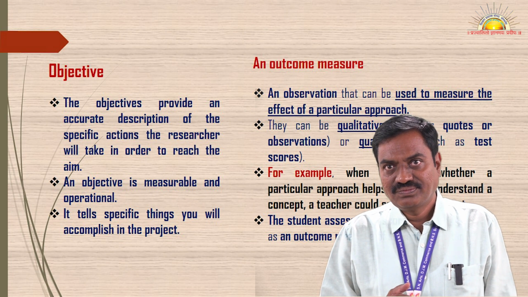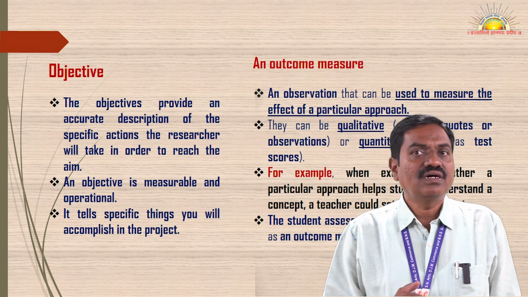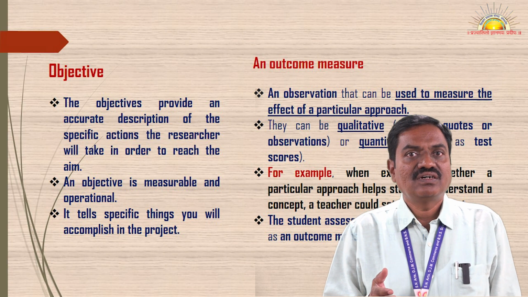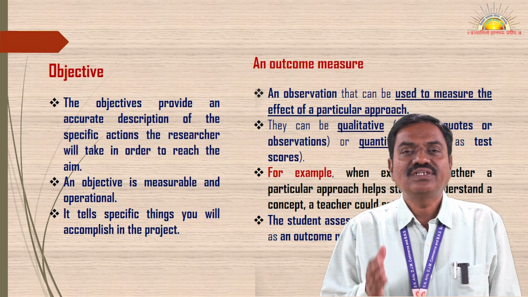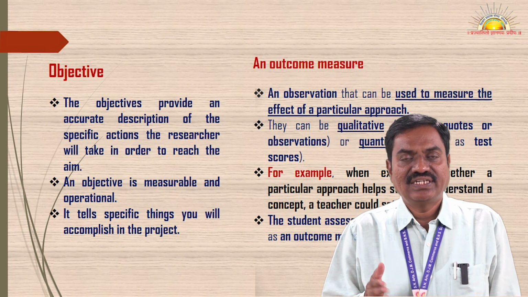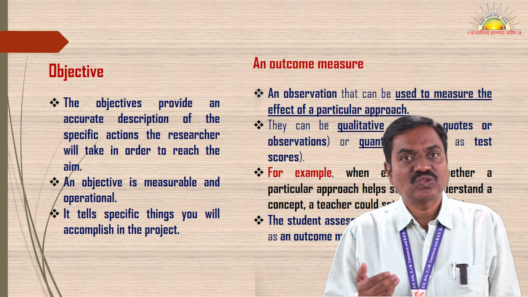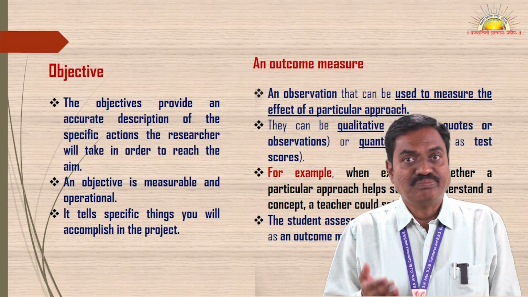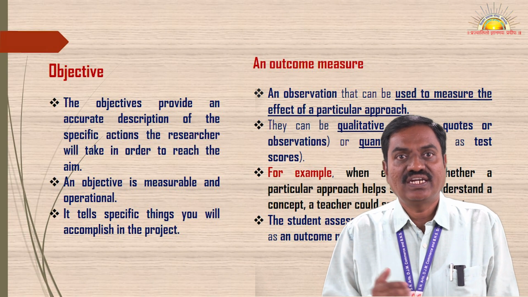For example, when examining whether a particular approach helps students understand a concept, a teacher could set an assessment. The student assessment score could then be used as an outcome measure of student understanding.